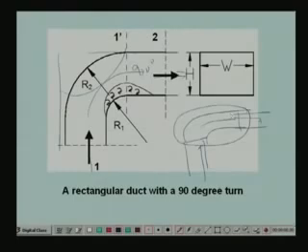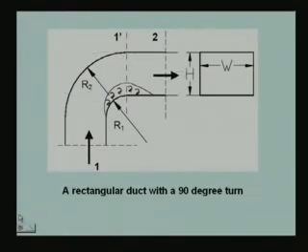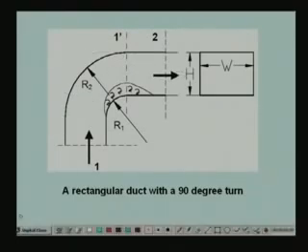You can see from this picture that a 90-degree bend is specified in terms of the inner radius R1 and the outer radius R2. Normally you do not have a sharp bend here, so you have to provide some radius here and some radius here. What happens is that as the air takes a turn here, boundary layer separation takes place. Separation starts somewhere and the boundary layer separates, and as a result you have a region where eddies are formed.